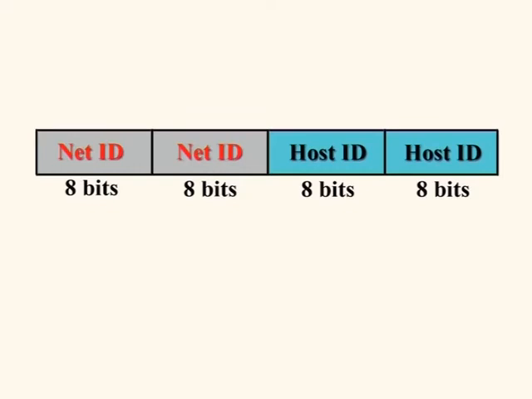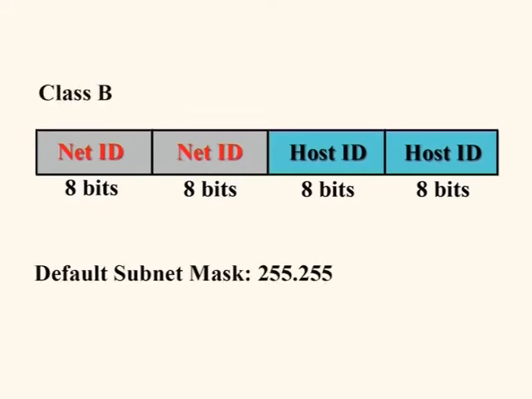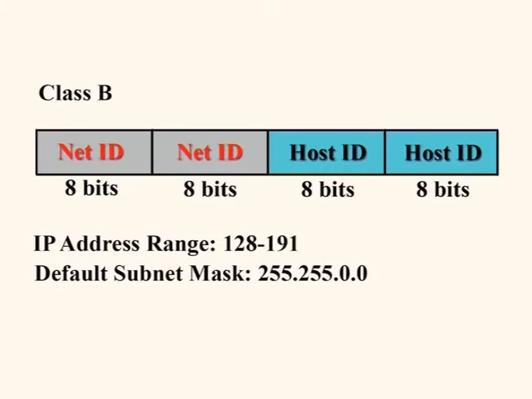The default subnet mask for class B is 255.255.0.0. So if an IP address has a decimal range of 128 to 191, it belongs to class B. For example, 128.10.12.132 or 190.34.38.140 etc. are class B IP addresses.